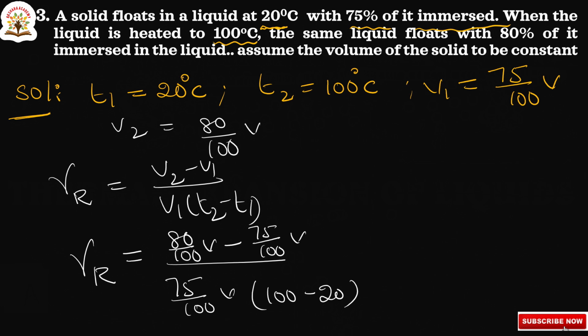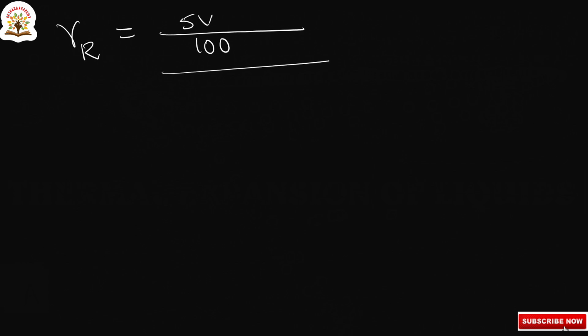Next, gamma R is equal to, now we are taking LCM. Gamma R is equal to 80 minus 75, 5V by 100, by 75V by 100 into 100 minus 20, 80.